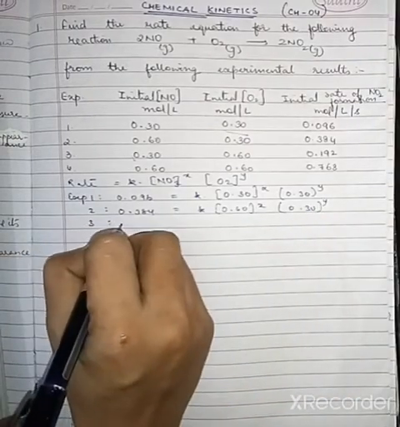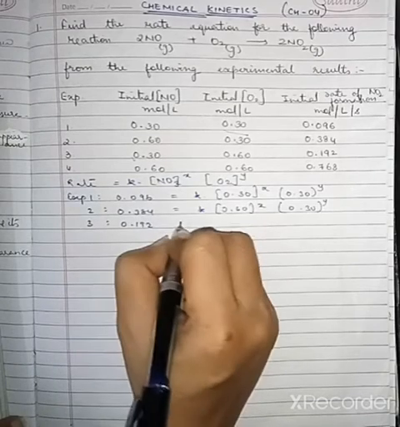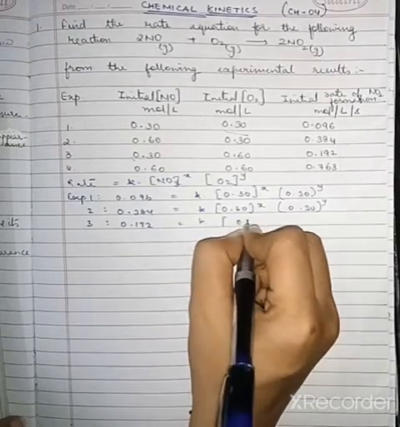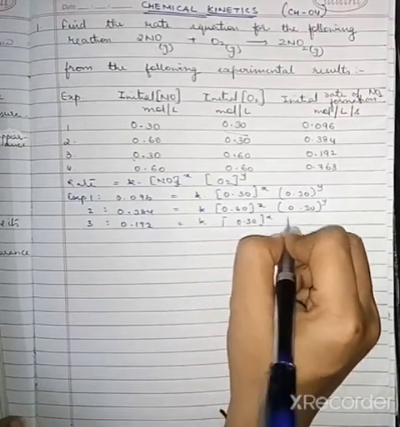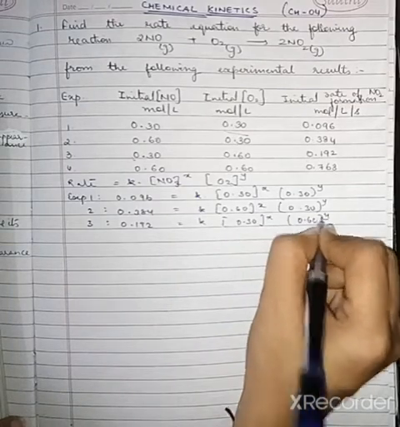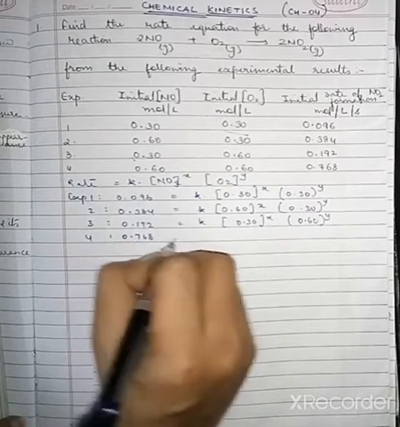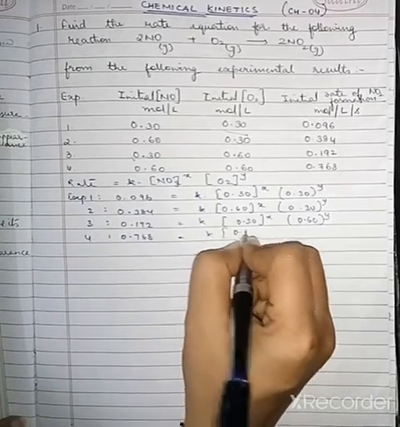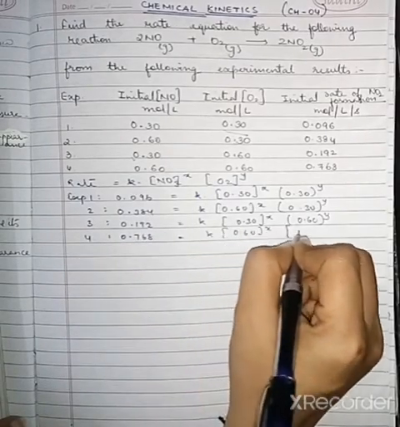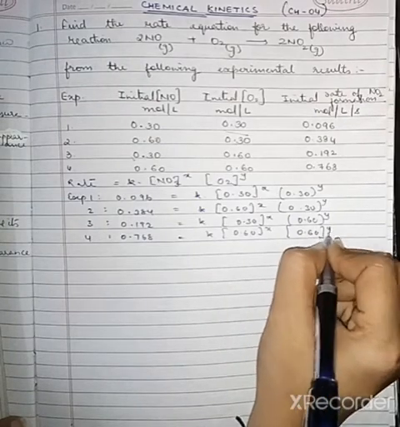From experiment 3 we can state 0.192 is equal to rate constant into 0.30 to the power x into 0.60 to the power y. And from experiment number 4, 0.768 is equal to K into 0.60 to the power x and 0.60 to the power y.